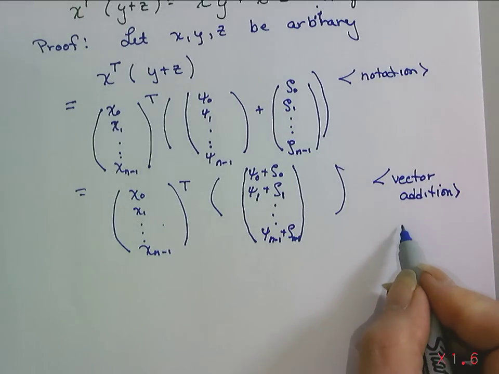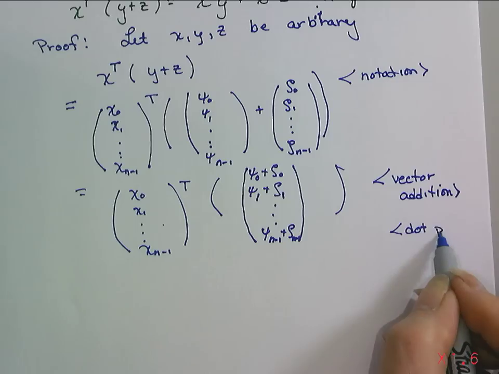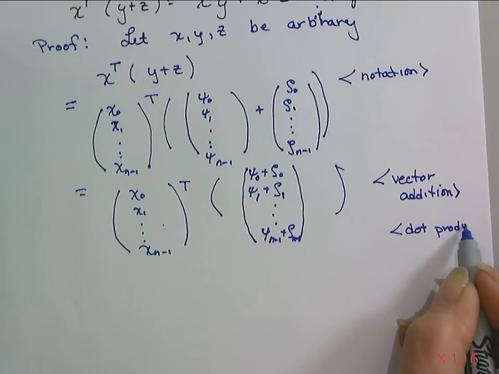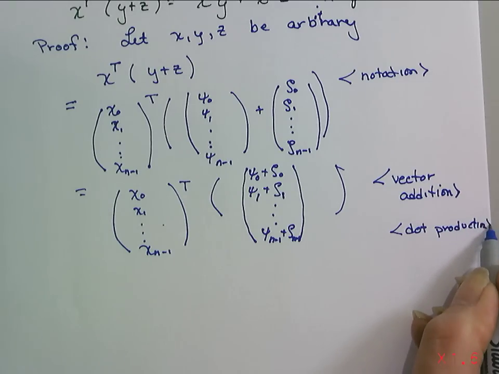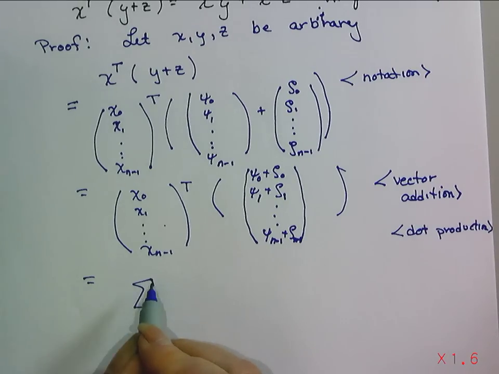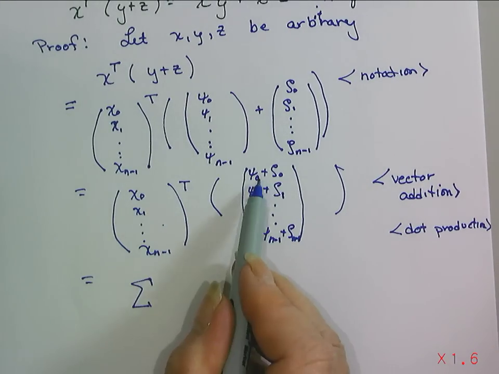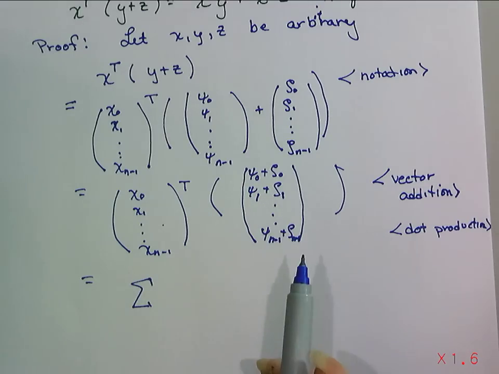And you'll recall that dot product, the result is a scalar that is found by adding the product of corresponding components in the vectors together.